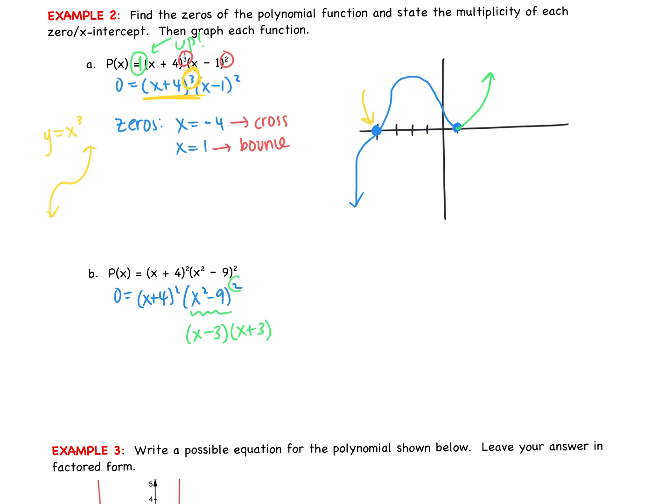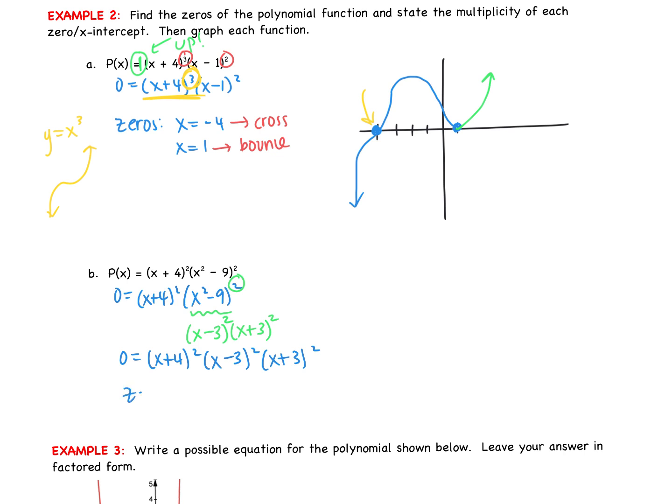But then we have this second power being applied to all of x squared minus 9. So what that means is that second power goes to both of these. So if we want to rewrite our polynomial, we get (x+4) squared, (x-3) squared, (x+3) squared.